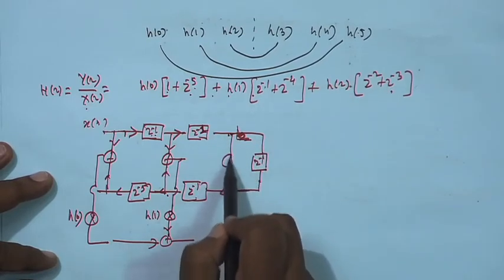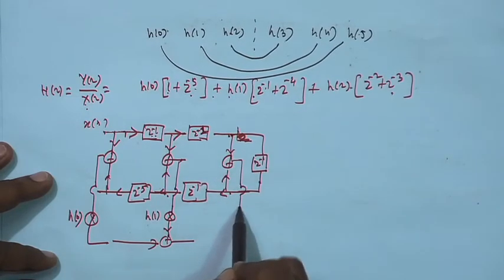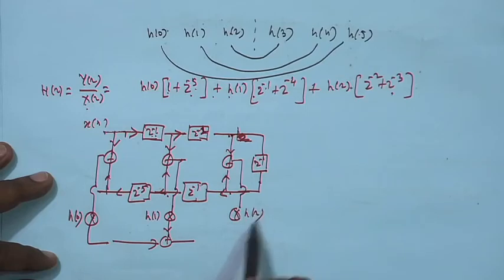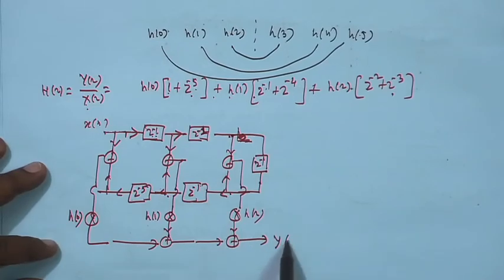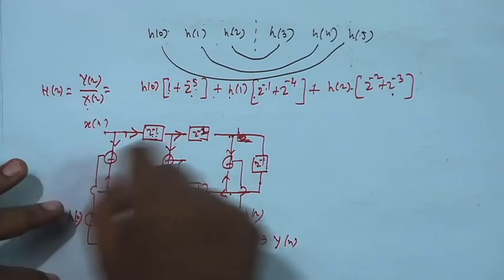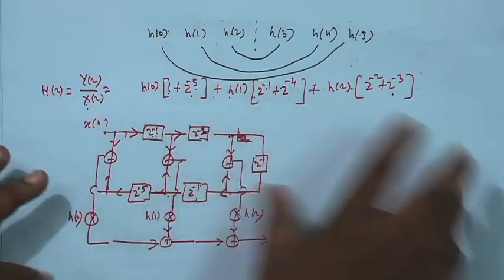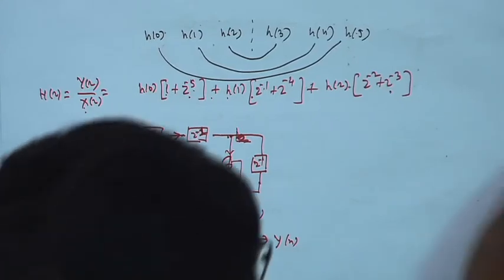So, these two are added, and this is again multiplied by H2. I give you an exercise, you apply transposition to these two structures for odd length and even length and get equivalent filter structures. This much I teach for filter structures.